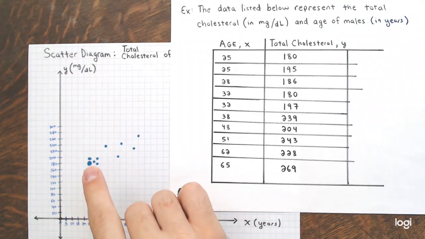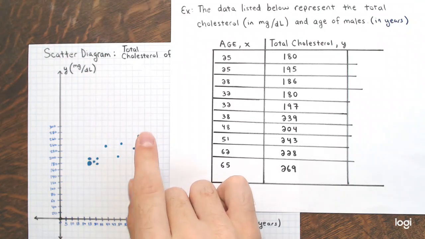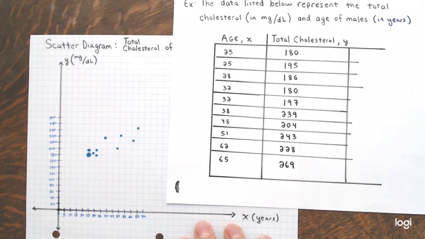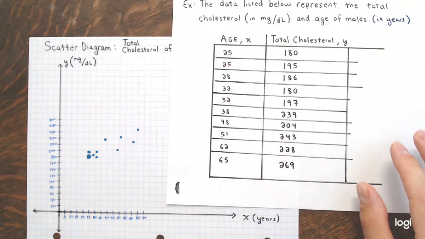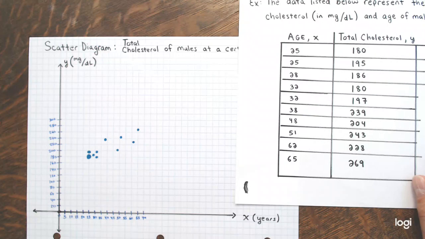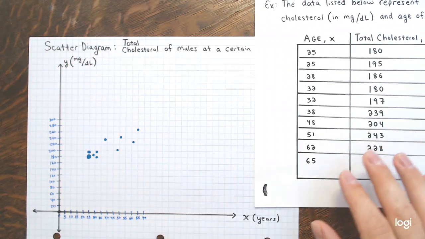The marker I was using bled a little bit on some points, but there are 10 ordered pairs in this graph, of these 10 relationships between age and total cholesterol of certain males.